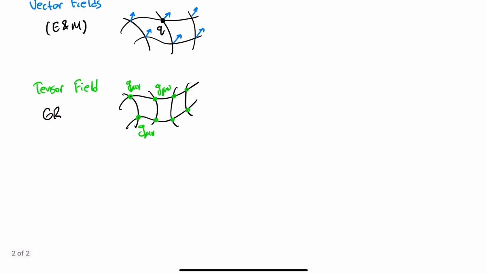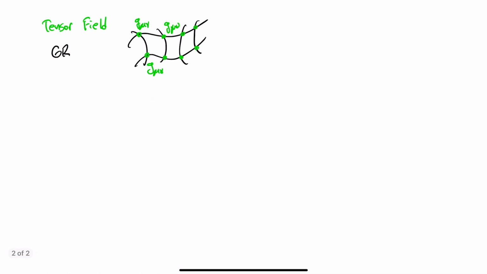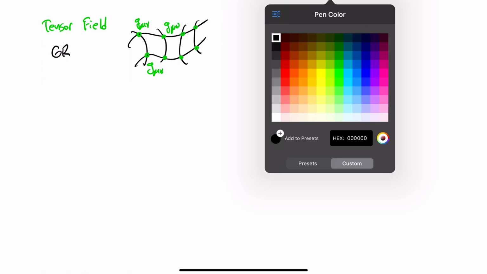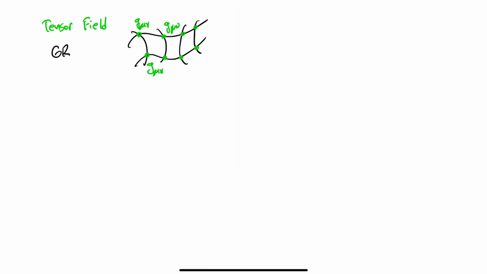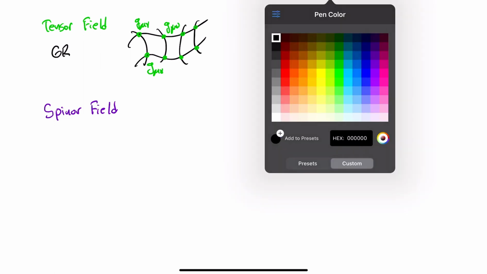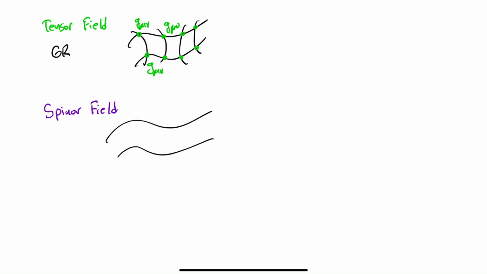Can we think of some other mathematical objects? Of course we can. We'll get into this later, but we have these little guys called spinors. I'll make them purple. So, spinor fields. Here's an example of a field again. These are really just arbitrary points in space and in time.